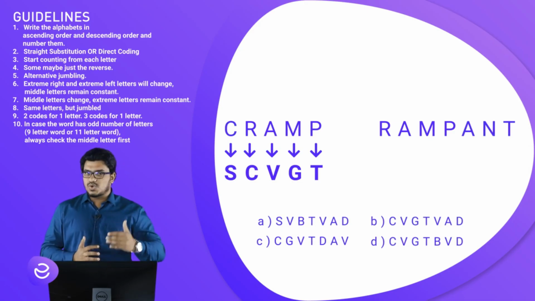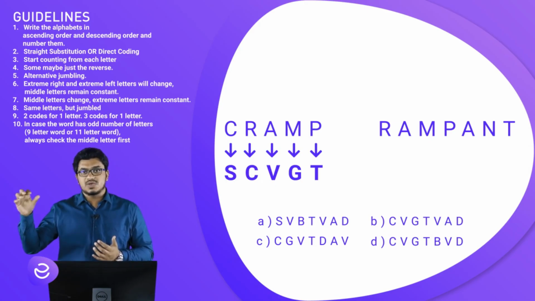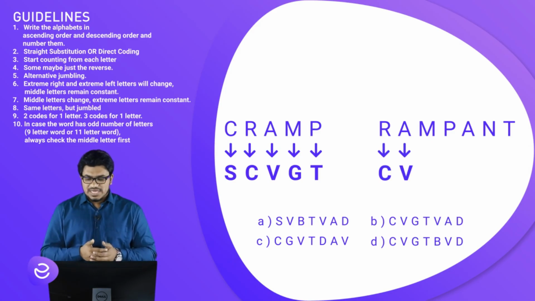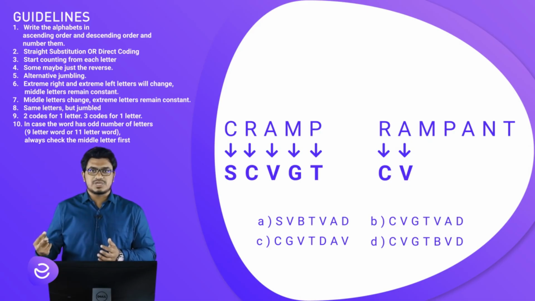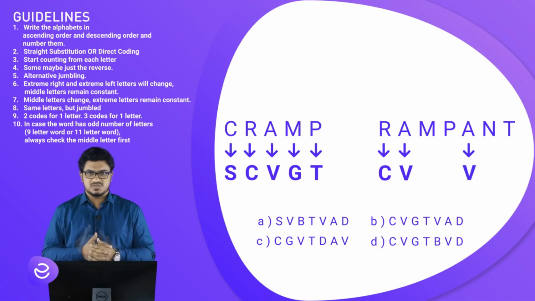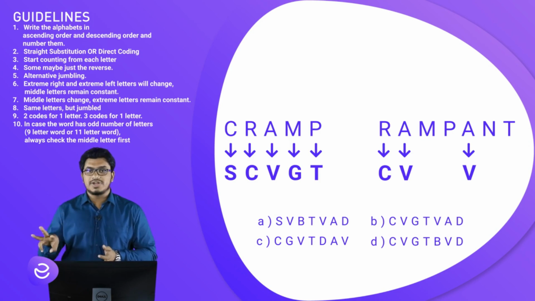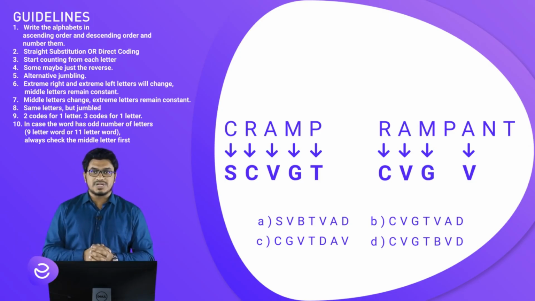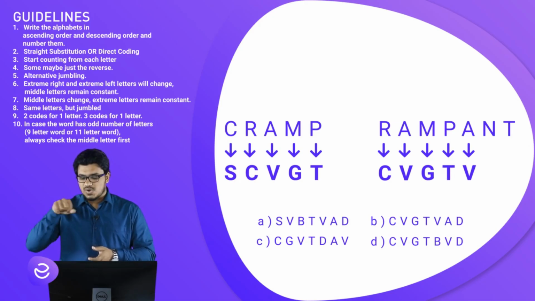R is coded as C, so the letter R in the word RAMPANT can also be coded as C. A is coded as V, so here A can also be coded as V, and since A is repeated two times, we repeat the letter V also. We are starting to solve the puzzle here, because we have already got three letters. Now M is coded as G, so here also M is coded as G. And at last P is coded as T. Here also P is coded as T.